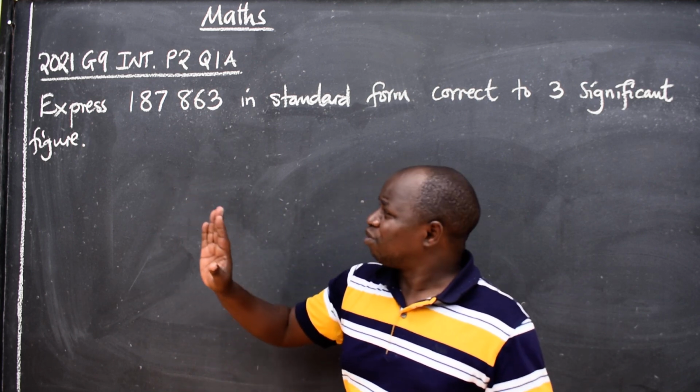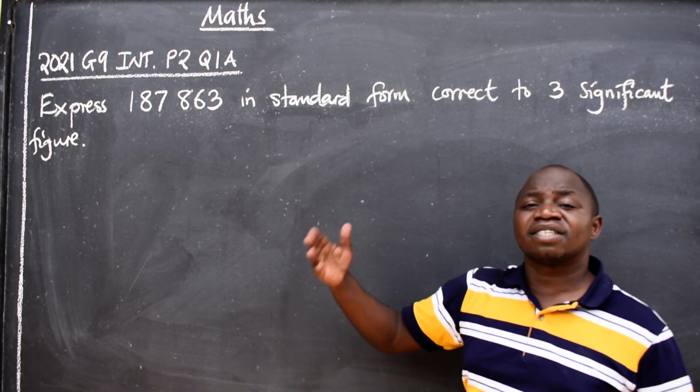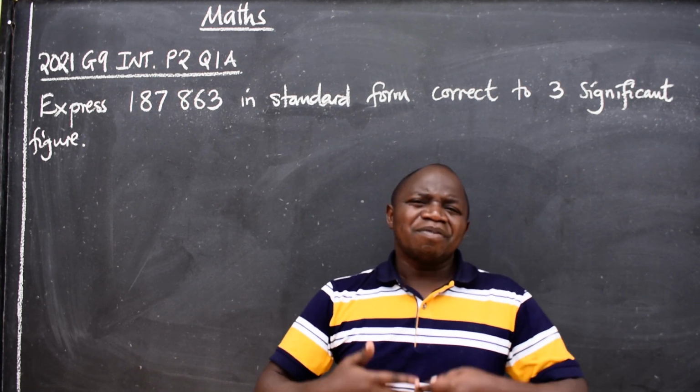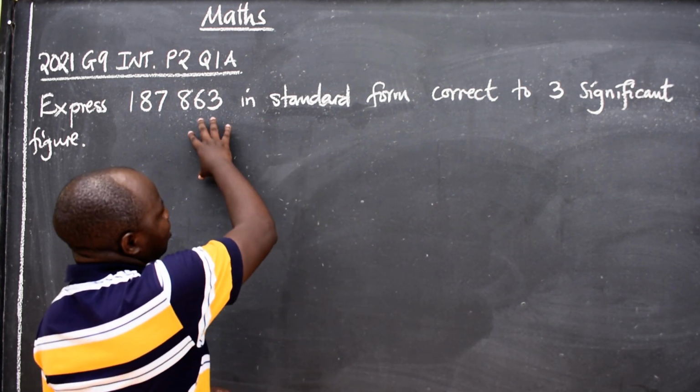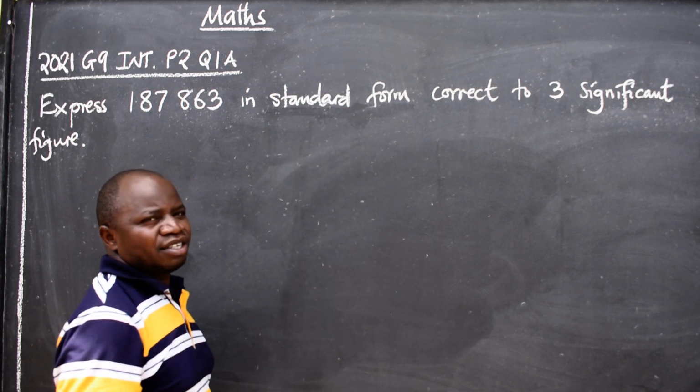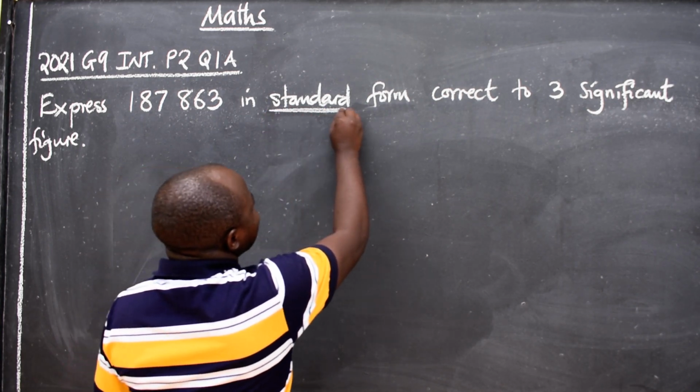So don't get confused. But what are some of the things that you need to know whenever you are asked to express in standard form? There is a certain rule that we use.